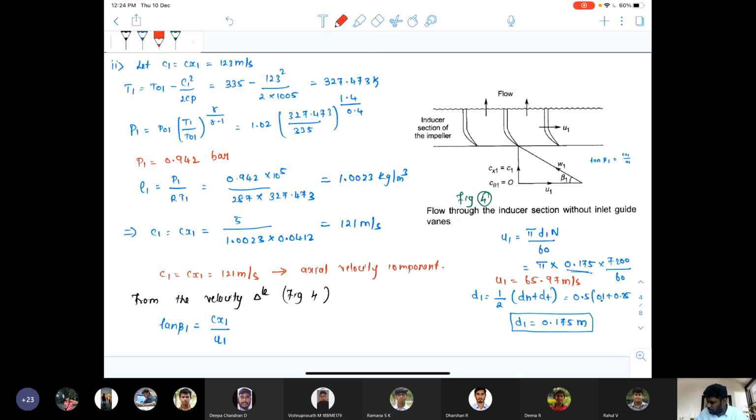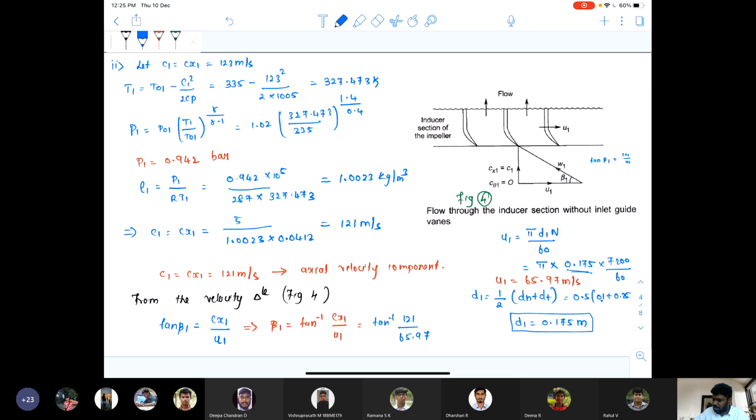That is, beta 1 will be equal to tan inverse of cx1 divided by u1, where the value of cx1 is 121, so tan inverse of 121 divided by 65.97.